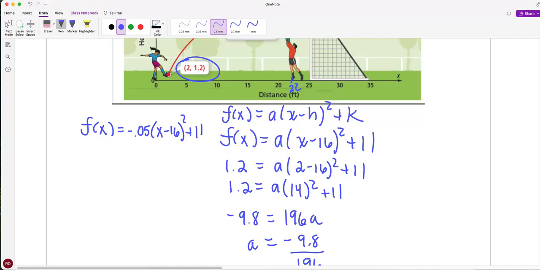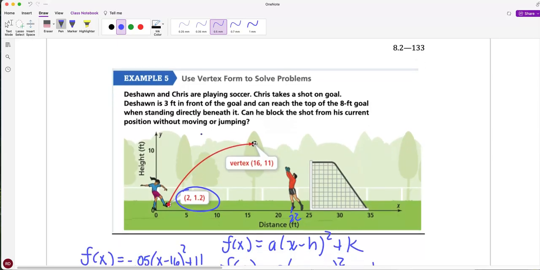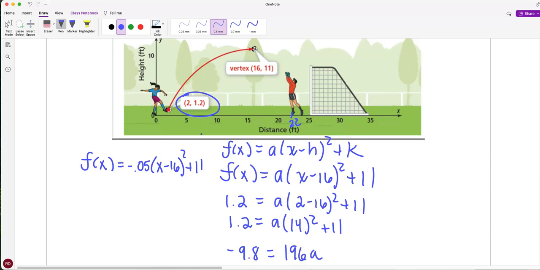So I need to figure out how high the ball is at 22 feet. At 22 feet, I can just plug 22 into this. So f of 22 is equal to negative 0.05 times 22 minus 16 squared plus 11.